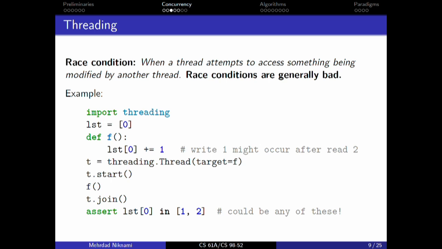Now, if they both read the same value, which is 0, and then they both write 1, then you'll never get 2. Whereas if one of them reads and then writes, and then the other one reads and then writes, you'll get 2, because you get 0 to 1 and then 1 to 2. Is that confusing? How exactly can they read at the same time?